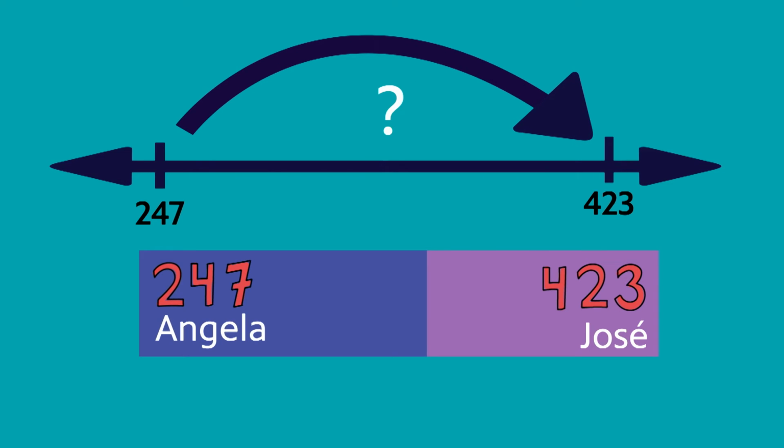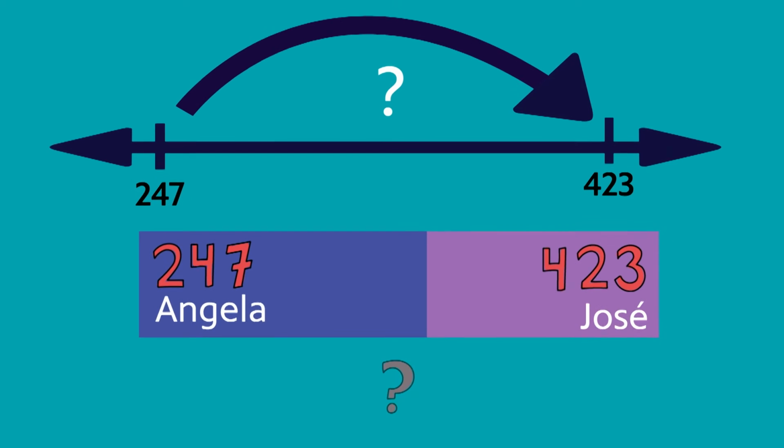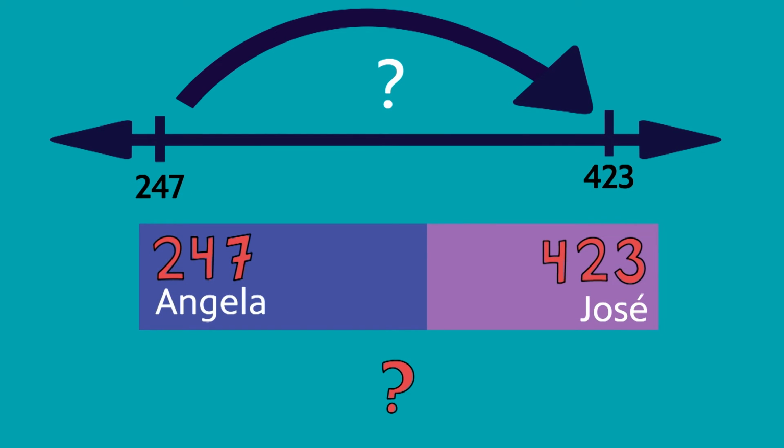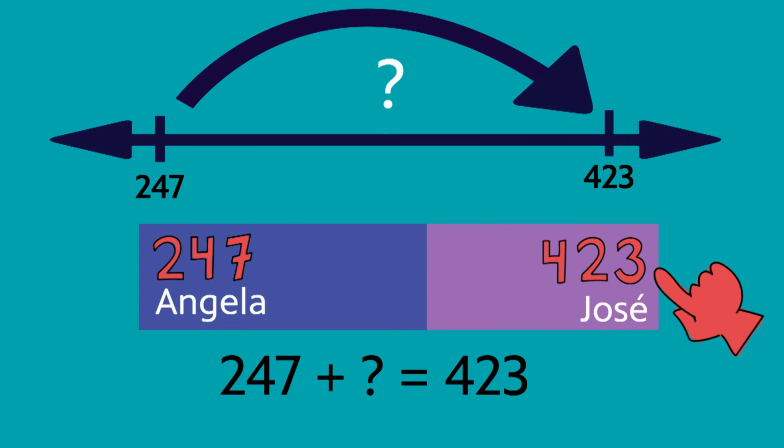We'll call that the distance. Looking at our two models, how could I represent this problem with an equation? Exactly. I could use 247 plus an unknown number equals 423. That makes sense to me.